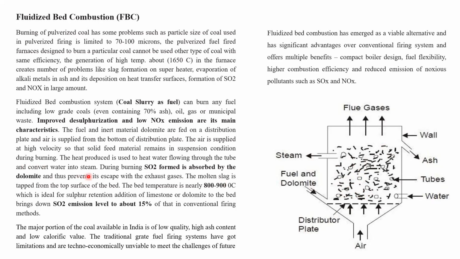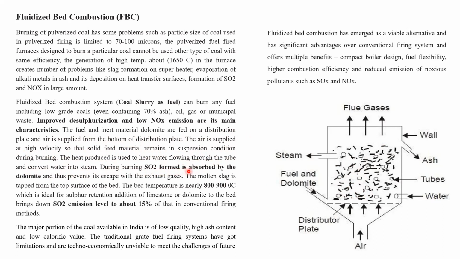We'll see here the fuel and the inert dolomite are fed on a distributor plate, and air is supplied from the bottom of the distributor. The air is supplied at high velocity, so that solid fuel material remains in suspension during burning. The heat produced is used to heat water flowing through the tube and convert water into steam.